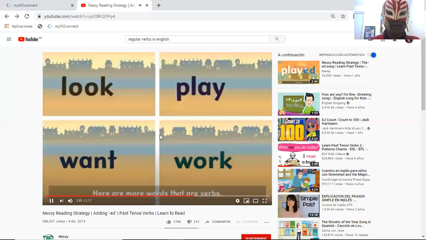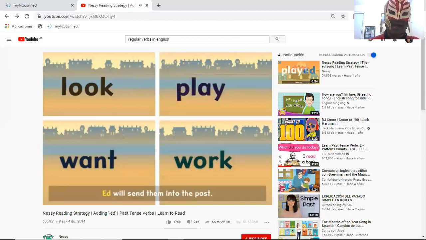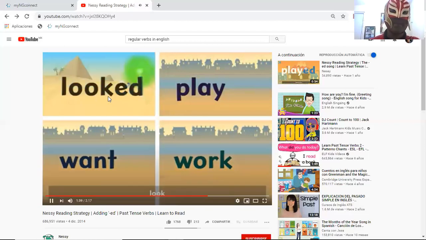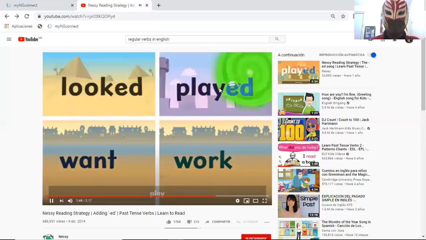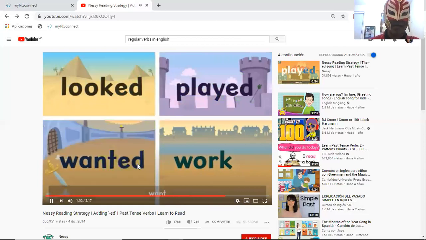Here are more words that are verbs. Ed will send them into the past. Ed las enviará al pasado. Looked, played, wanted, worked into the past.